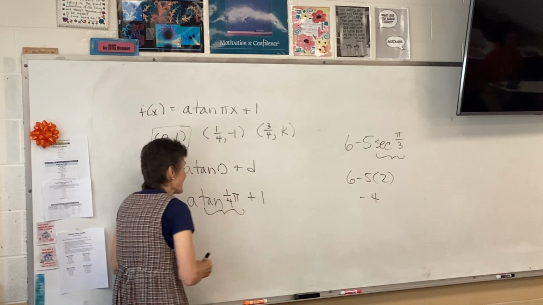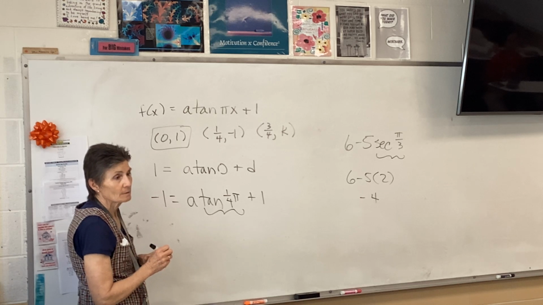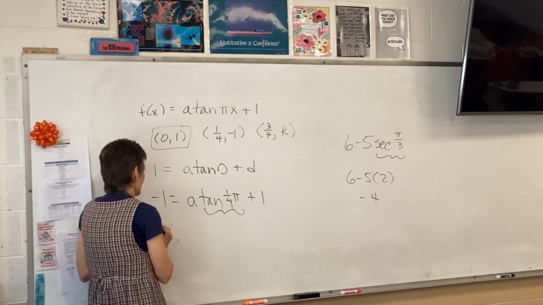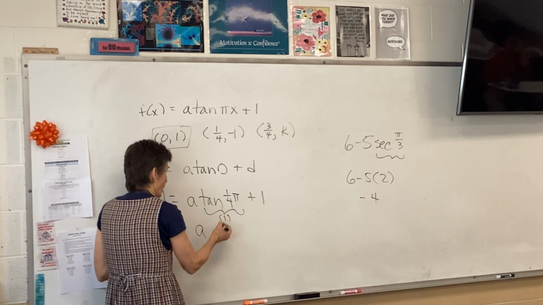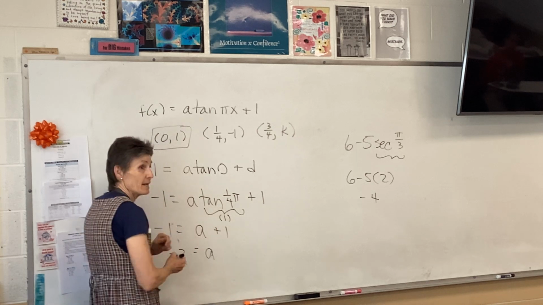What is the tangent of pi over 4? Be careful. Oh, 1. So negative 1 equals a times 1, plus 1. So it looks like a is negative 2.